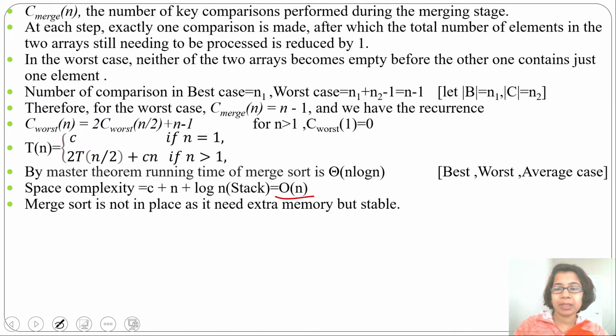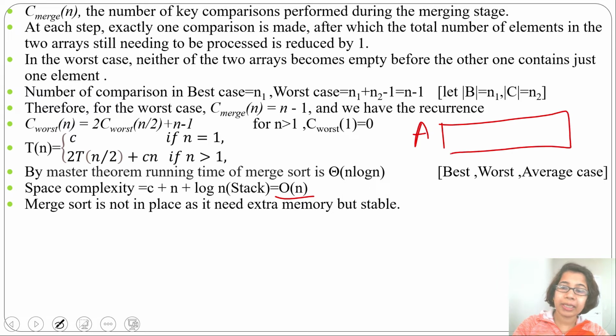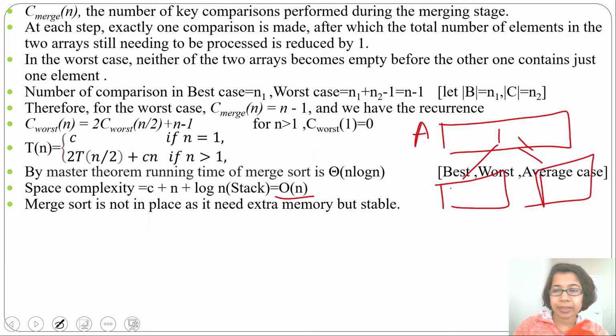Not in place means suppose one array is given and we are sorting inside this array, that is an in place algorithm like insertion sort, selection sort, bubble sort. Merge sort is not in place as we are copying the array content into another array. We need some extra memory for copying.